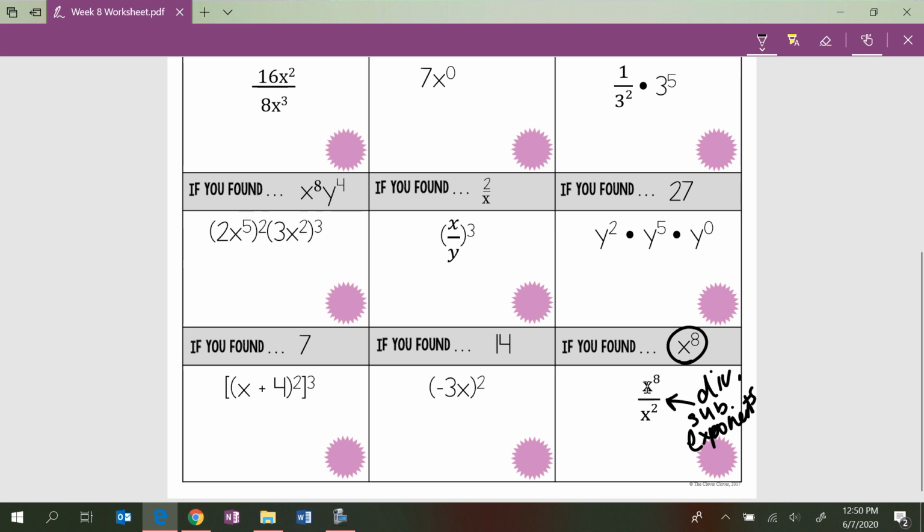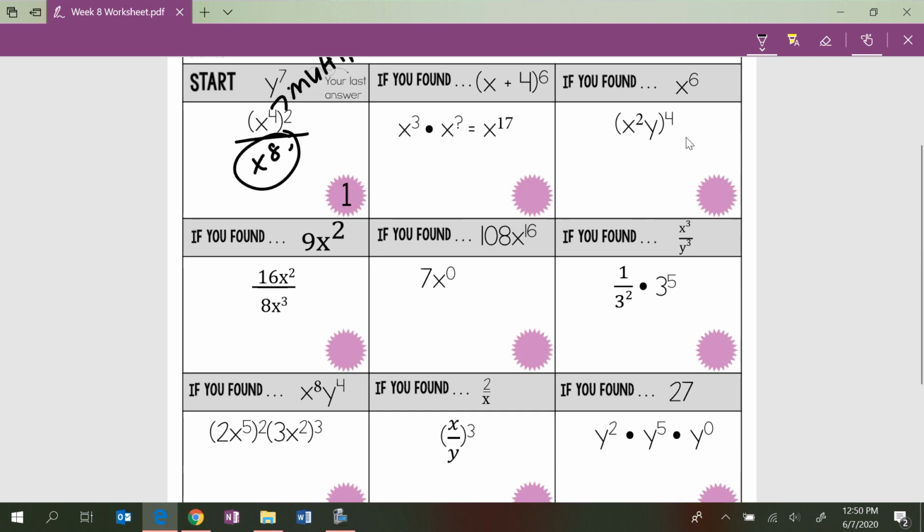Really all we have to do, as long as your bases are the same, and they are because they're both x's, is take 8 minus 2, which gives x to the 6th power. Then I go and find where x to the 6th power is in my gray boxes, right up here. And then I'll solve this one.